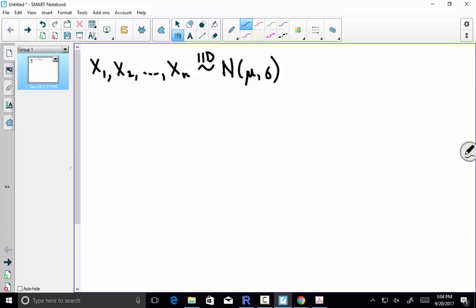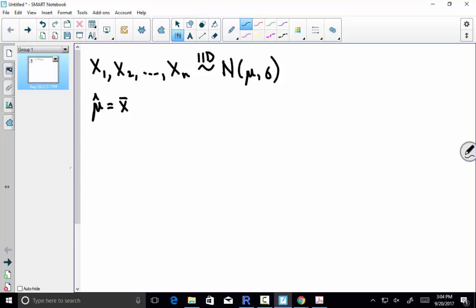So our estimate, the way that we would take these observed variables and turn them into an estimate of the mean, is with the sample average, x bar. That also happens to be the maximum likelihood estimator.